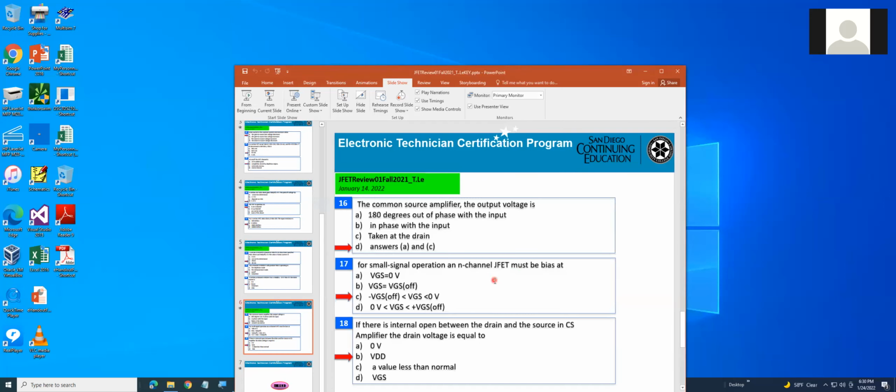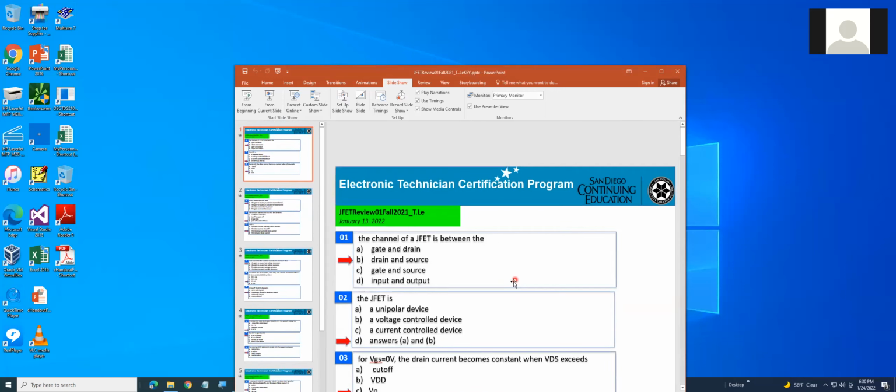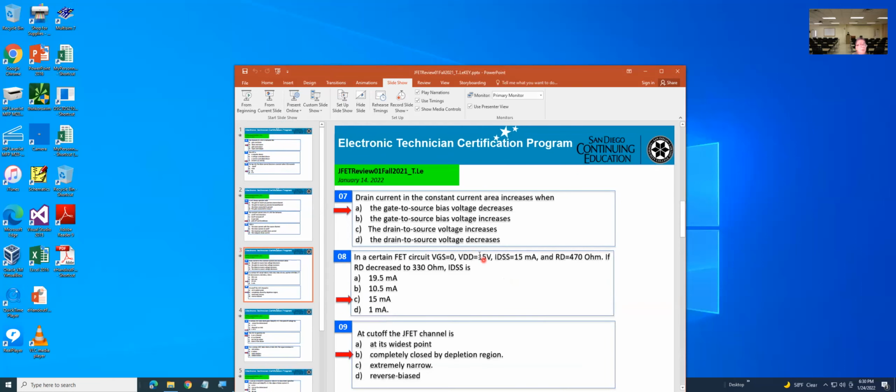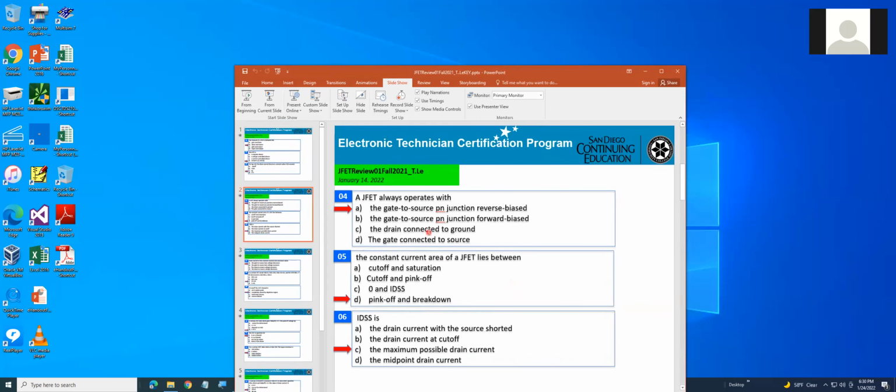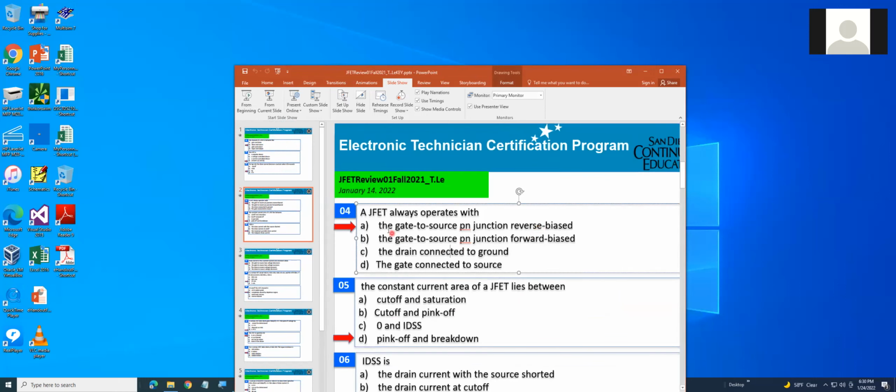Mr. Pham, can you go back to question 4? Thank you. And question 7? A JFET always operates with the gate to source PN junction reverse biased. That is at the beginning of the handout.